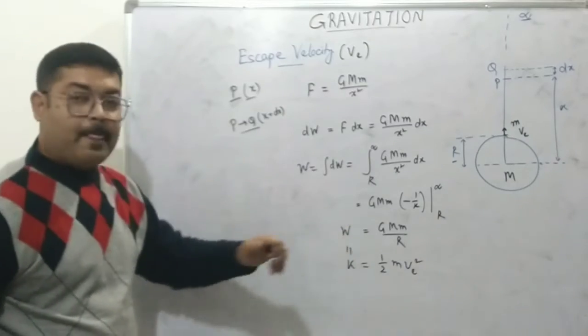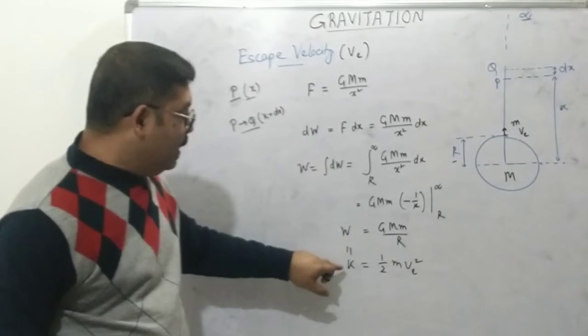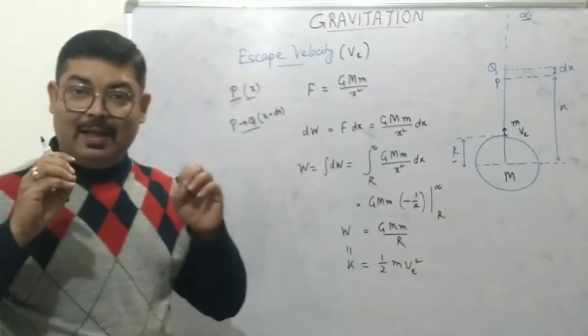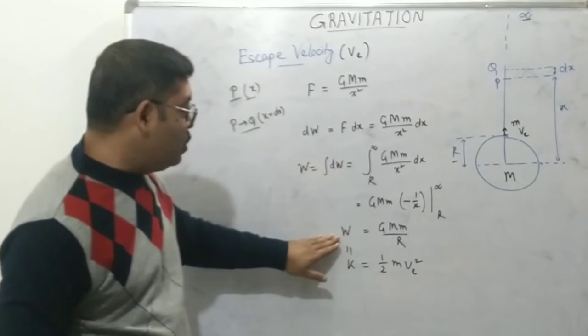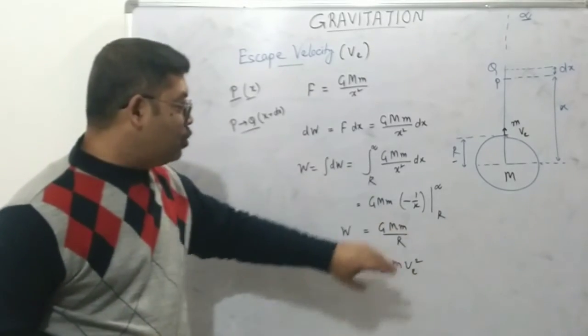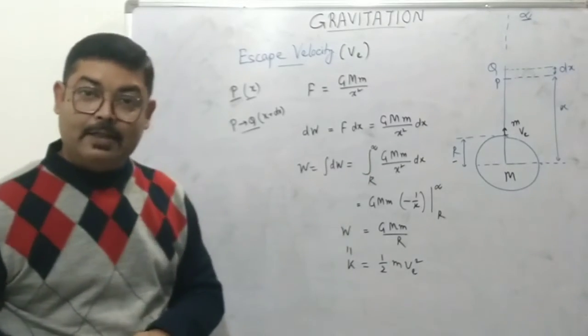Now we are considering the minimum velocity required. So this kinetic energy must be at least equal to the work done, which means these two must be at least equal.